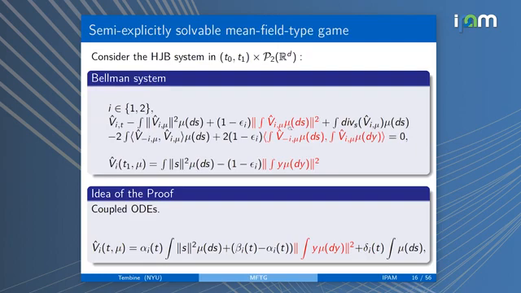Because of the square here, you get non-linearity in mu. This one is linear in mu, and this one is non-linear in mu. So the red ones are the ones that create difficulties and bring novelty in this problem.